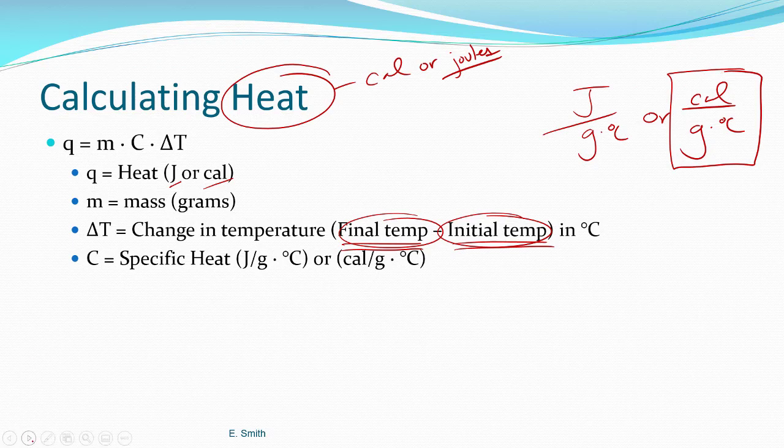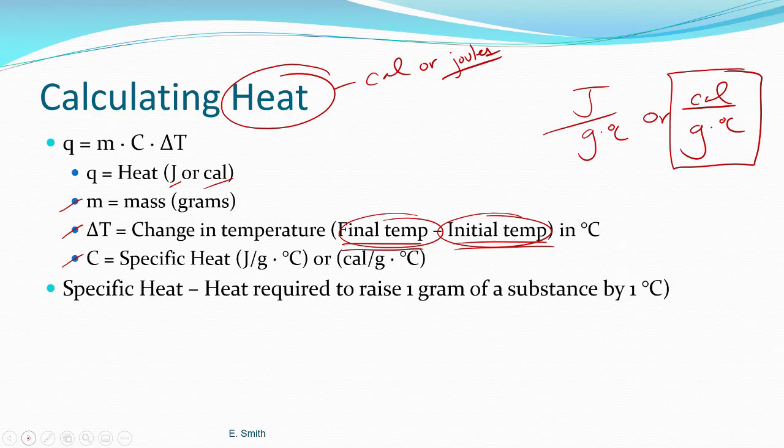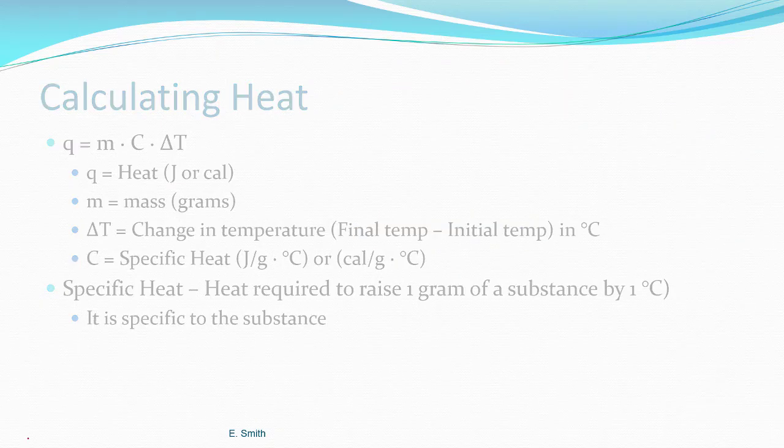Okay, so the idea is that if we know these variables, we know, for example, the mass, if we know the change in temperature and we know the specific heat, we can actually solve for the Q, the heat, the joules or calories that are absorbed or released by a substance. Okay, so again, remember, specific heat is the heat required to raise 1 gram of a substance by 1 degree Celsius, and it's specific to the substance.